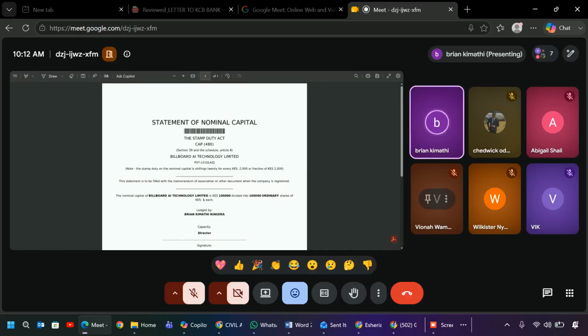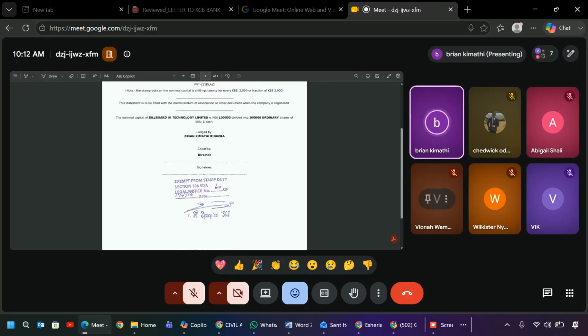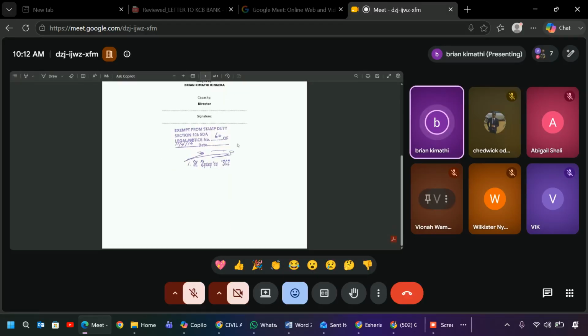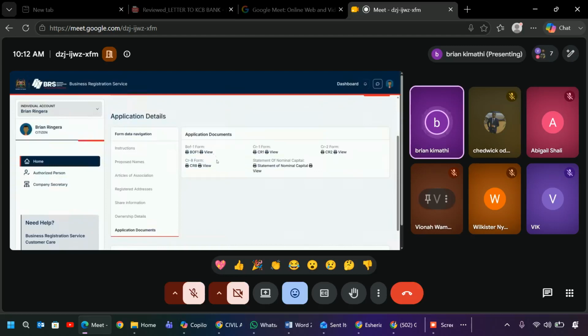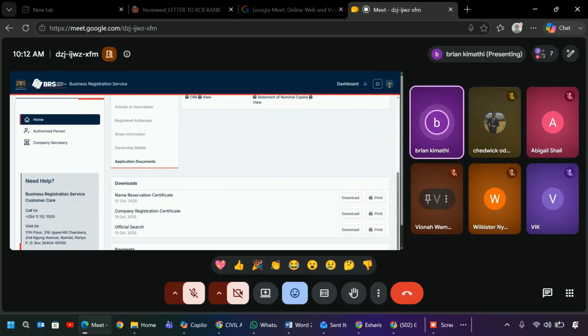The nominal capital of this company is 100,000 divided into 100,000 ordinary shares of 1 shilling each. Then there is the exemption because the nominal capital does not exceed 5 million Kenya shillings. That's the reason why this company is exempted. Otherwise, you would have paid stamp duty at 1%, which is the standard.